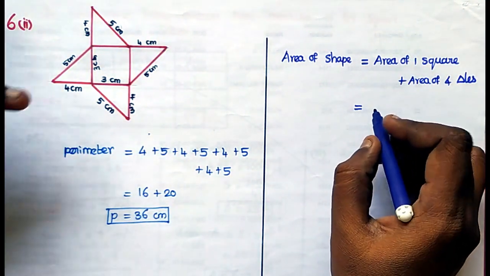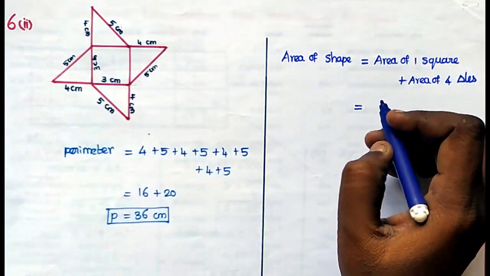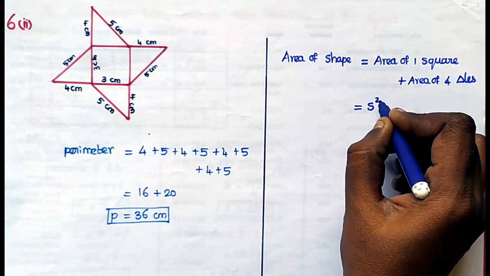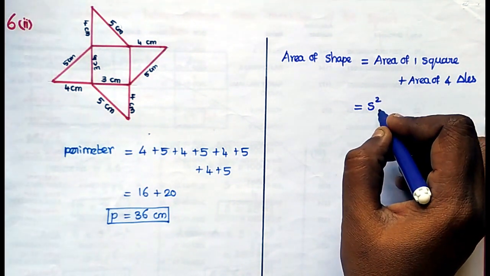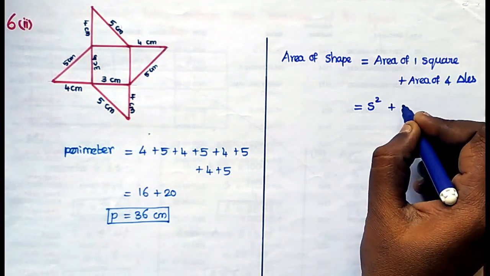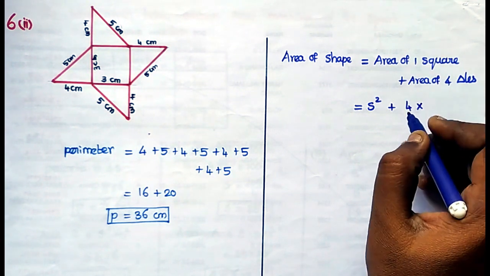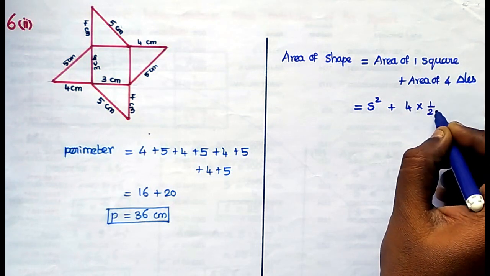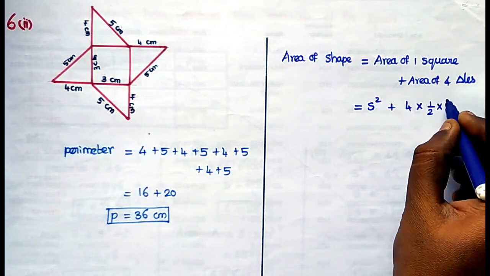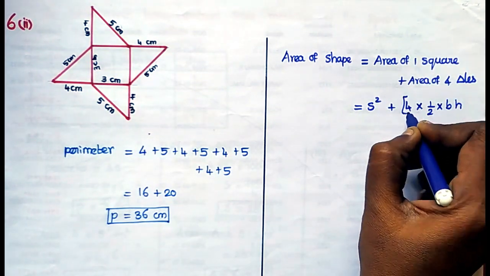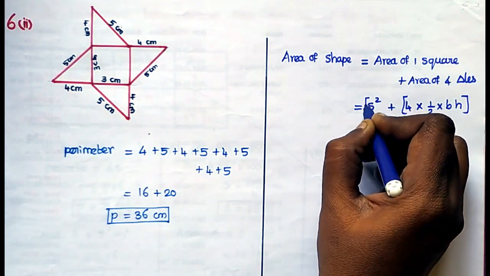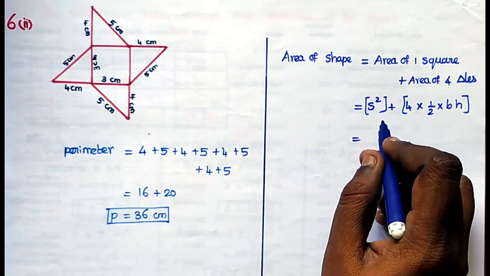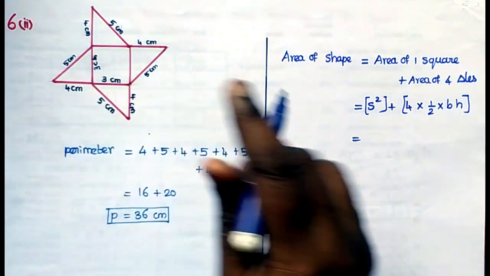Listen, square, what is the side? Side into side is the area of square, plus 4 into half into base into height. So area of square is S square. What is S here? Side is 3 centimeter.